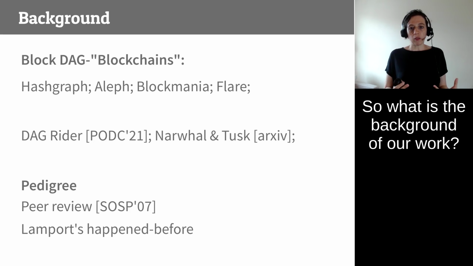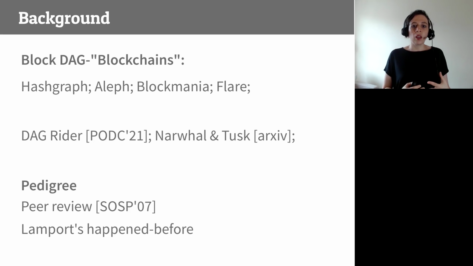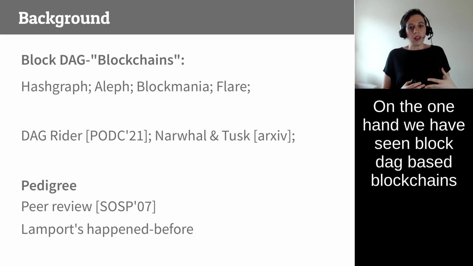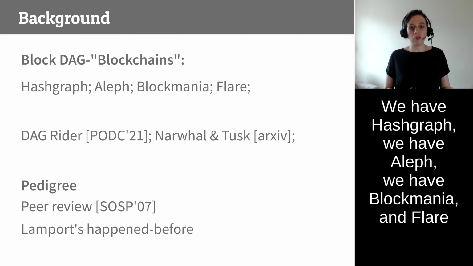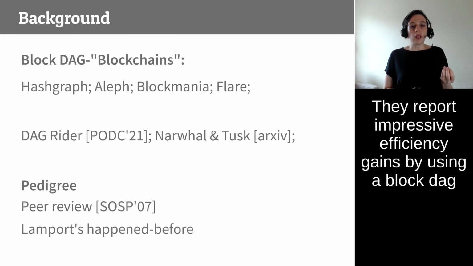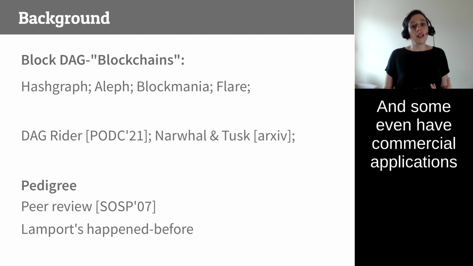So what is the background of our work? On the one hand, we have block DAG-based blockchains. We have Hashgraph, Aleph, Blockmania, and Flare. They report impressive efficiency gains by using a block DAG, and some even have commercial applications.